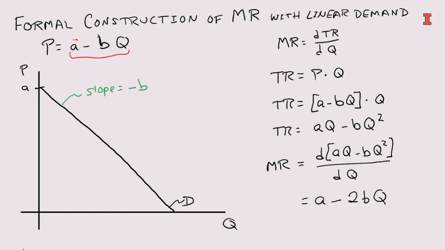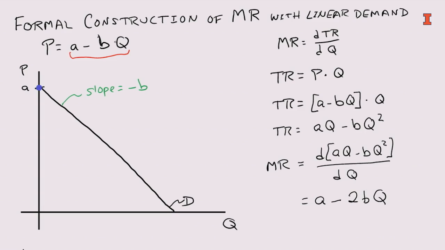Well, look at this. This is very interesting. It means that our marginal revenue curve has the same vertical intercept as the demand curve. Well, that's good. We can think about drawing this curve by saying, I know the marginal revenue curve has the same vertical intercept as demand, but what's its slope? Well, its slope is twice the slope of the demand curve.